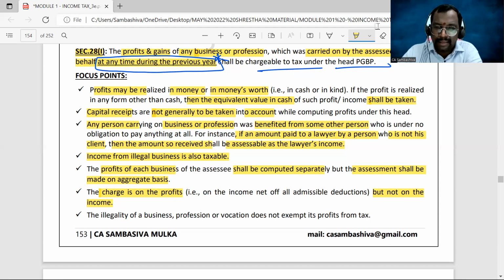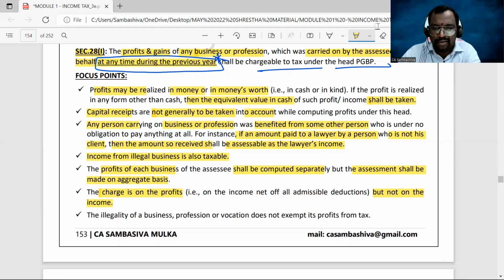And then whatever income is left over, that is your profit. Sir, for the purpose of earning this 1 lakh rupee income, I've incurred an expenditure of 40,000. Okay, 40,000, just deduct it from your income. After claiming deduction of all your expenses, whatever income is left over, that will be your profit. And only the profits are liable to tax here.